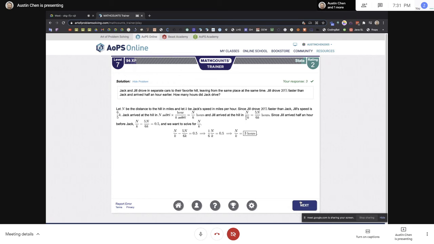Then Jill's speed would be 1.2x, right? Yeah. By the time Jill arrived, she would have pulled out a 0.5x lead over Jack. And each hour, Jill increases the lead over Jack by 0.2x. From that, we can find that Jill drove for 2.5 hours, and then Jack drove for 3 hours. Yeah, that's also a good way to do it.